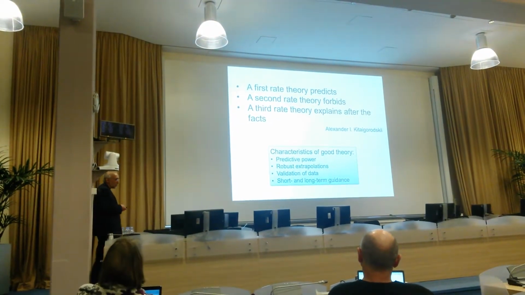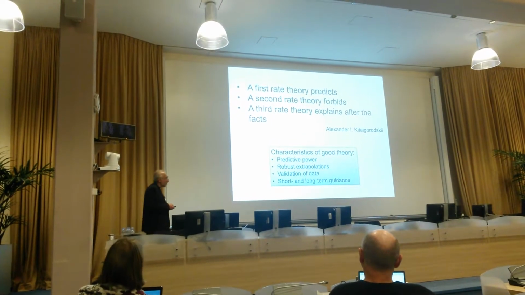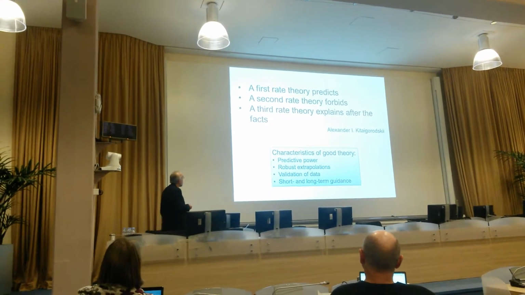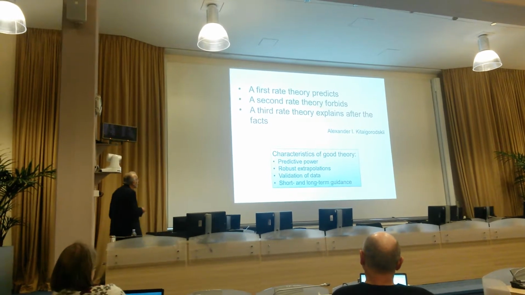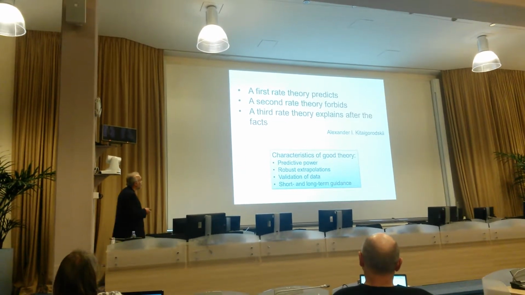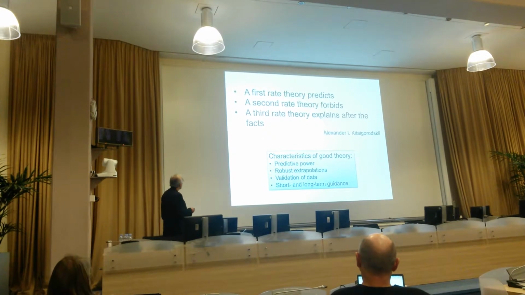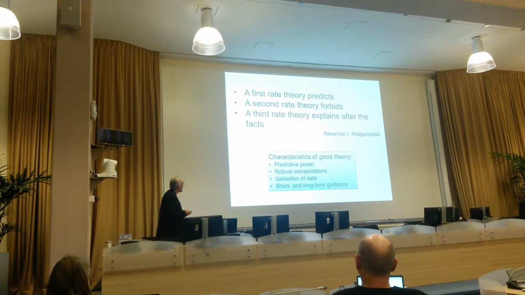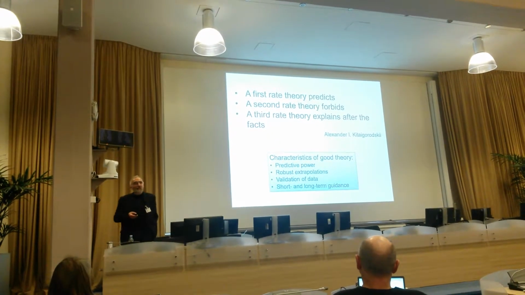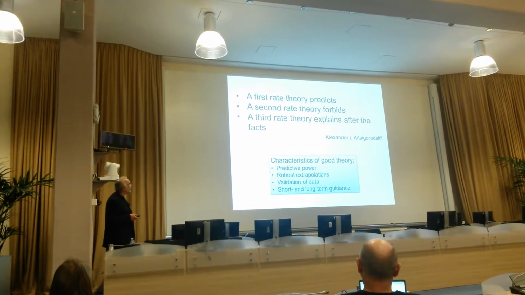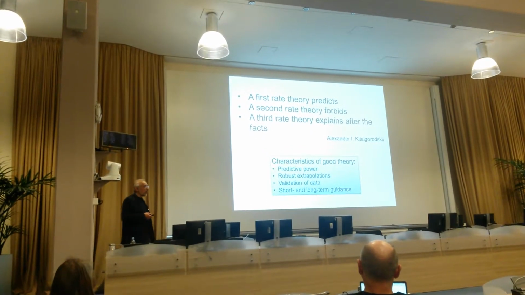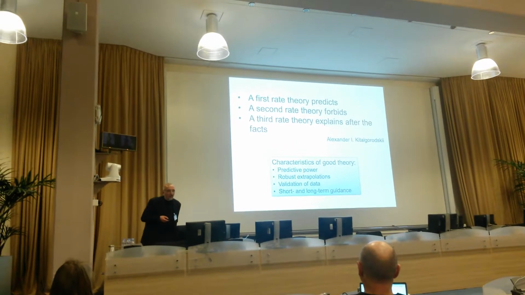Okay, so this is a talk on theory. So let me make some general points first. So this nice quote from Pythagoras, who divided theory in 3 categories. First-rate theory predicts. Okay, this is what we would like to achieve in nuclear modeling.